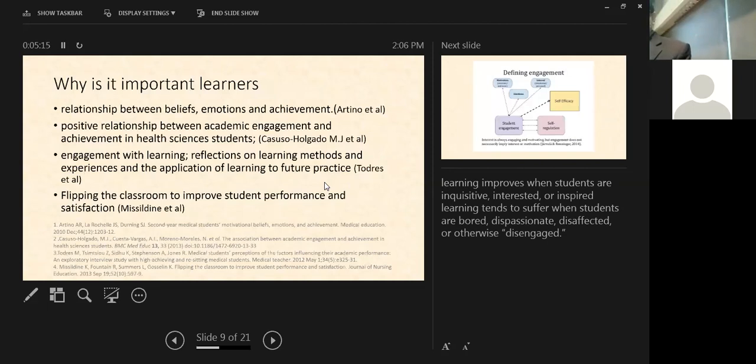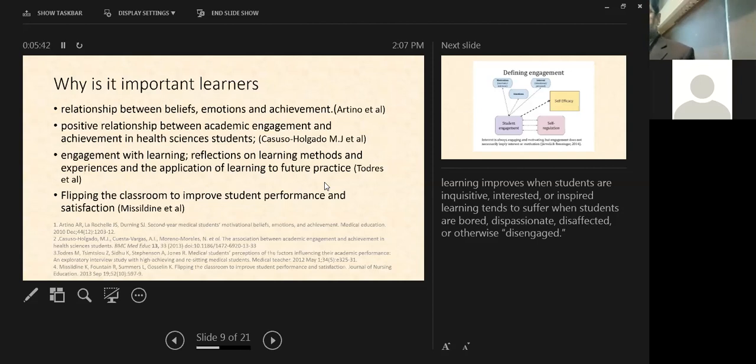What the literature says is that there is a relationship between beliefs, emotions, and achievement. There's a positive relationship between academic engagement and achievement in health science students. There is engagement with learning, reflection on learning methods and experiences, and the application of what they've learned into real-world or future practice, which is better, at least according to some researchers.